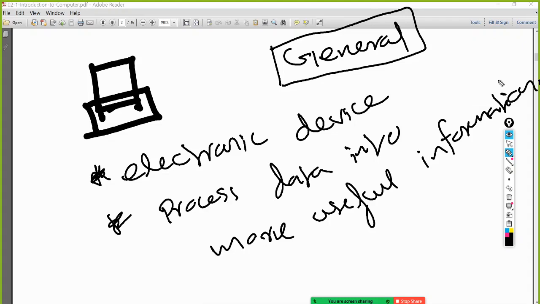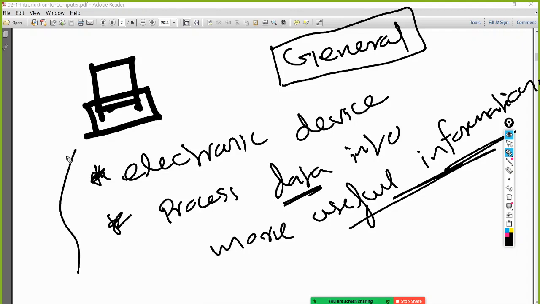Someone will ask, electronic device is okay, there are electronic devices I have seen. Radio is an electronic device, television is an electronic device, so yes, a computer is also an electronic device. You said it is used to process data into more useful information. Then someone will ask, why do you want to process data?